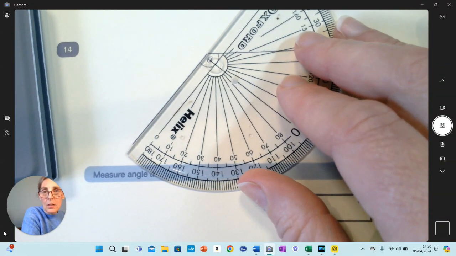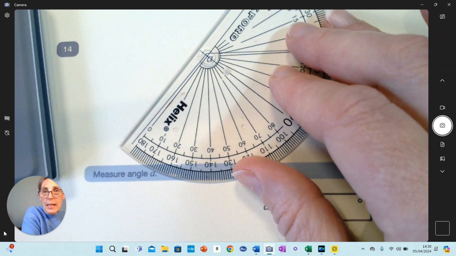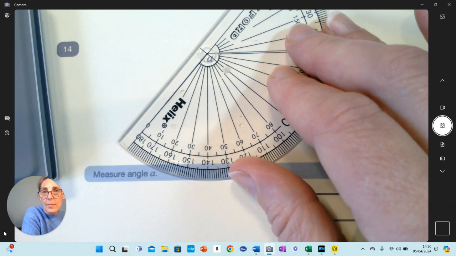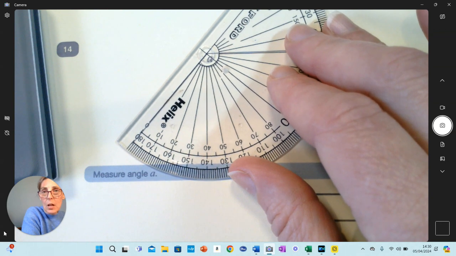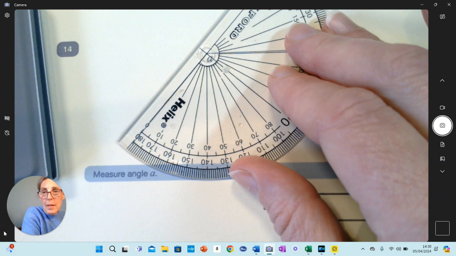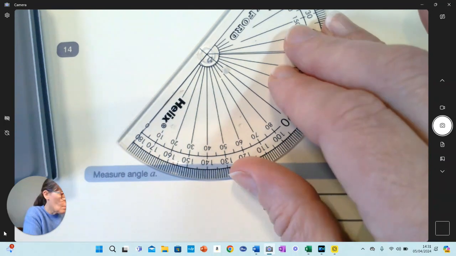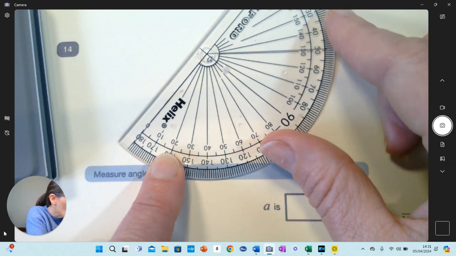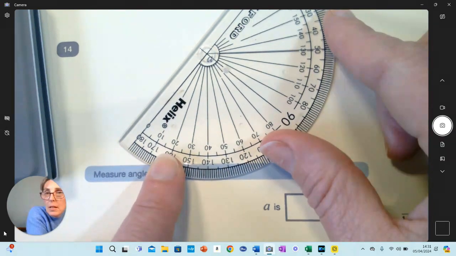And then we can either align it here and measure from the 0 around. Let me just line it up a bit better than that.